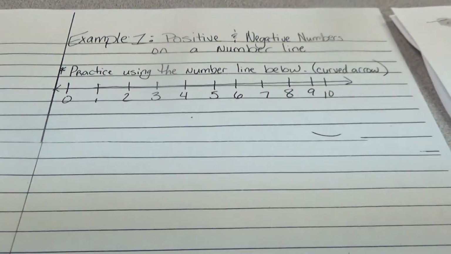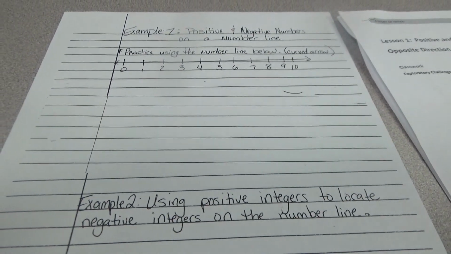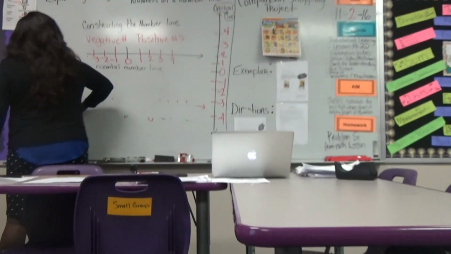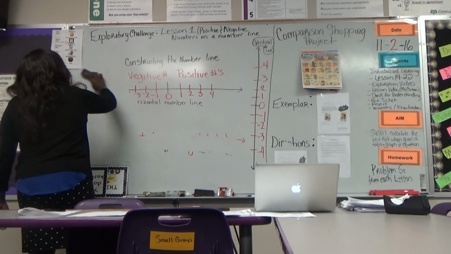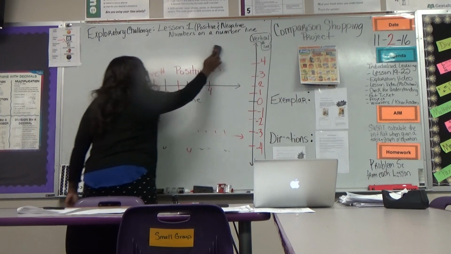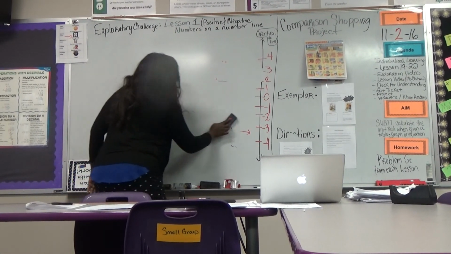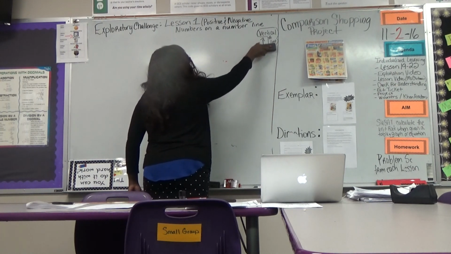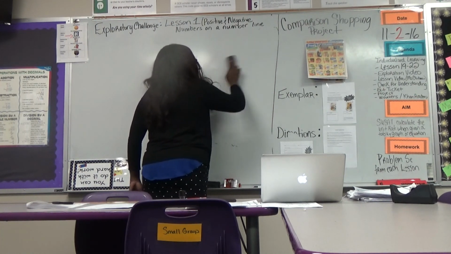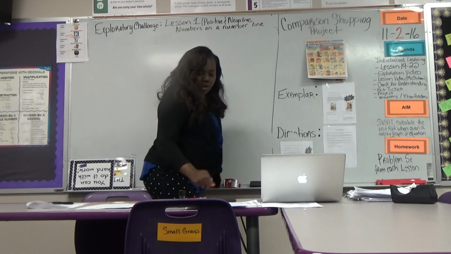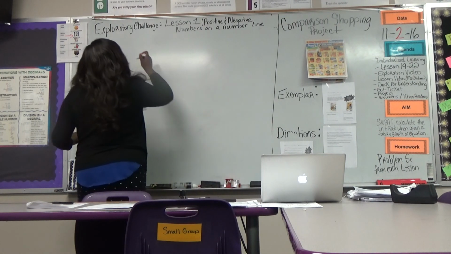We're going to be referring to that for our example 1 and example 2. We are about to learn about positive number lines and negative number lines, and then we are going to combine the two, okay? So let me draw this up here, and then we're going to dive right in.